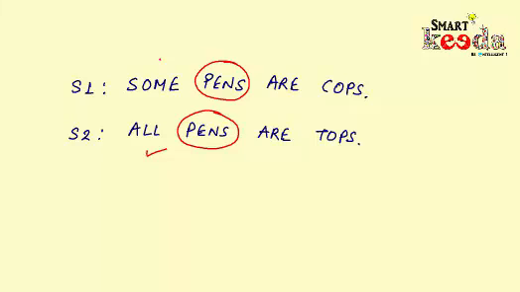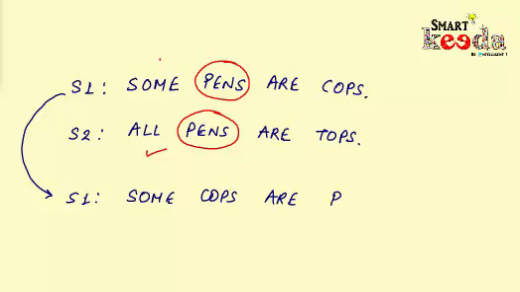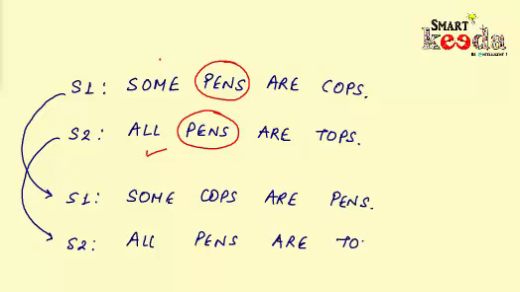What we can do here, we can convert the first statement with the help of method of conversion, and it will become like some cops are pens, and we can write down the statement number 2 as it is: all pens are tops.